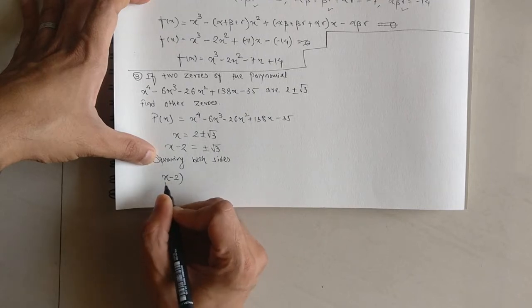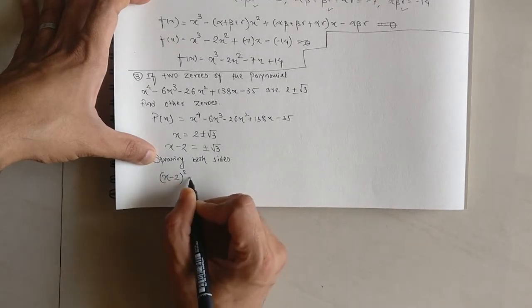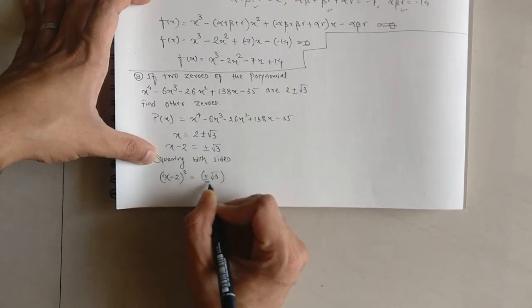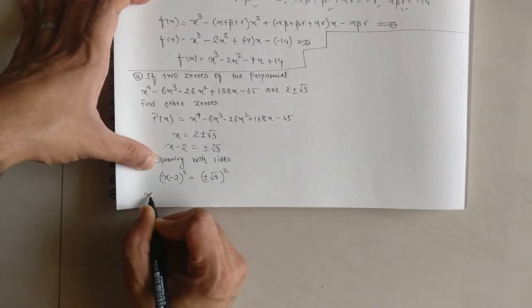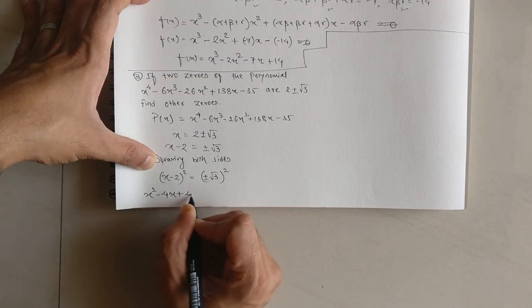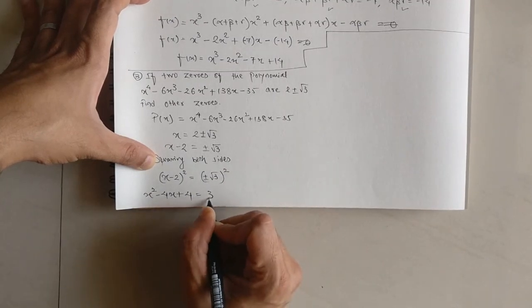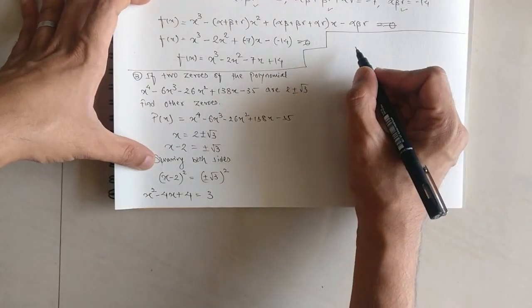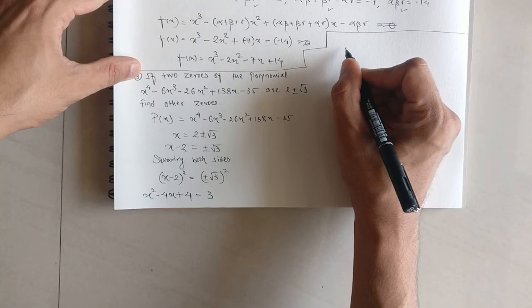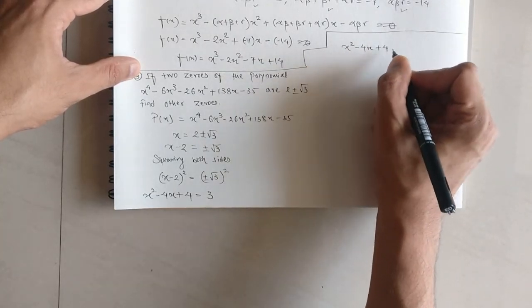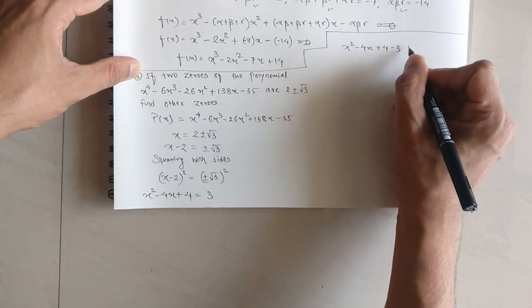x minus 2 the whole square is equal to plus minus root 3 the whole square. This will become x square minus 2 into x into 2, 4x plus 4, and here you will get 3. Now you will shift 3 to the other side. I will write over here, please pay attention. So x square minus 4x plus 4 minus 3 is equal to 0.